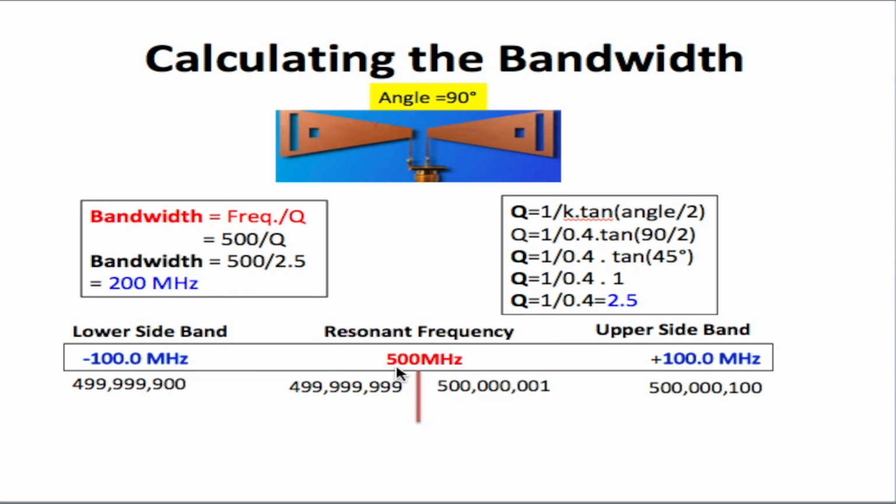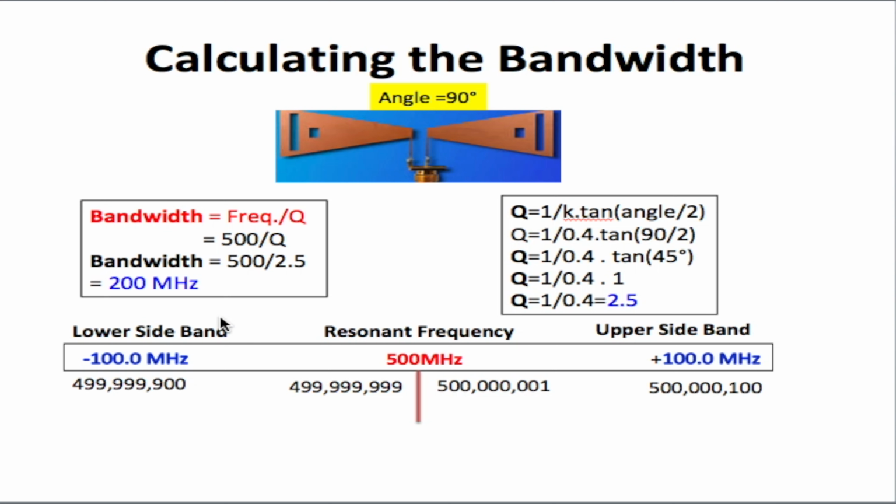So we will subtract 100 megahertz from the 500 megahertz on this side. So we'll start at 499,999,999 hertz, and we'll move all the way down, subtracting 100 megahertz from that 500 megahertz until we get to this end, where we'll have 499,999,900 hertz.